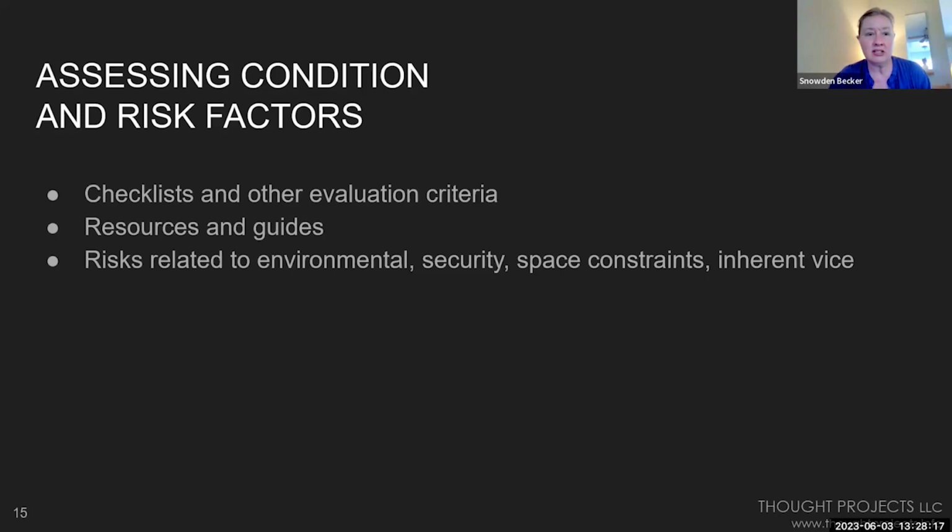So if you are in a situation where you need to do this, Google is going to be your best friend. The Archives Help Desk is a great place to start, but Googling checklist for collection assessment and putting in your specific kind of collection, you will find some great things that exist already. You don't have to reinvent the wheel, and you can use that as your jumping off point.